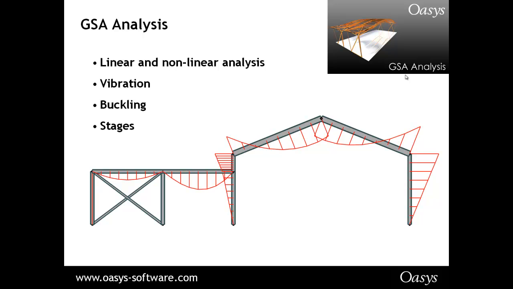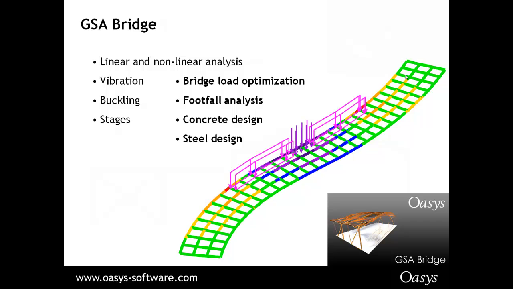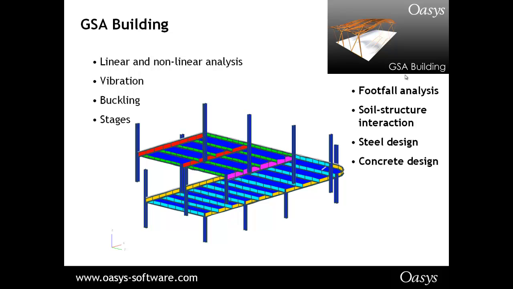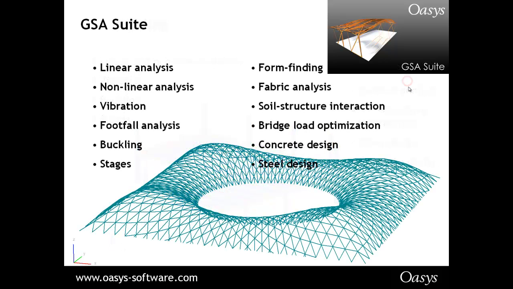This is the one version which does not include the concrete design, but the other 3 do. So Bridges, aimed at bridge designers, includes concrete design along with the bridge load optimization and footfall and so on. There's the Building, steel and concrete design, footfall analysis, soil structure interaction, and then there's GSA Suite, which is absolutely everything.